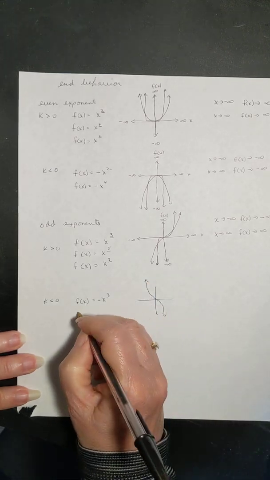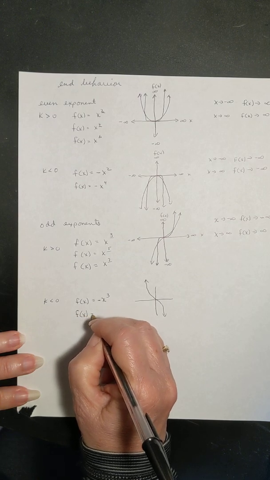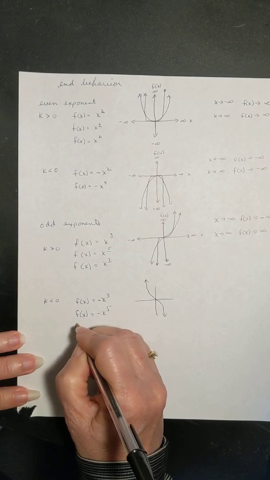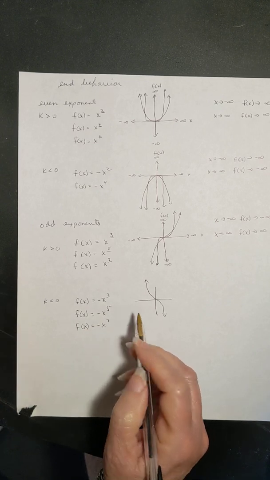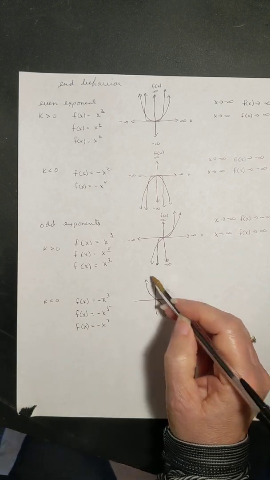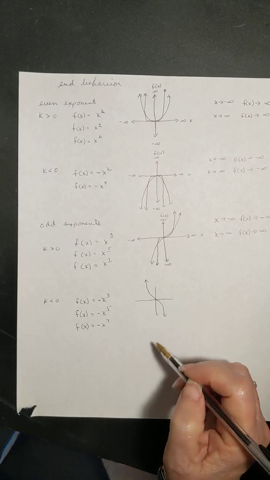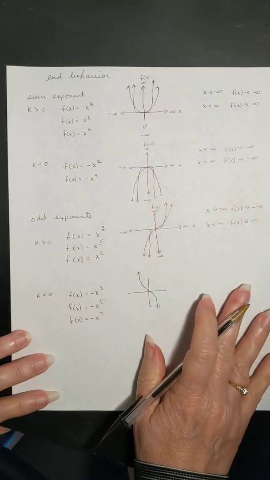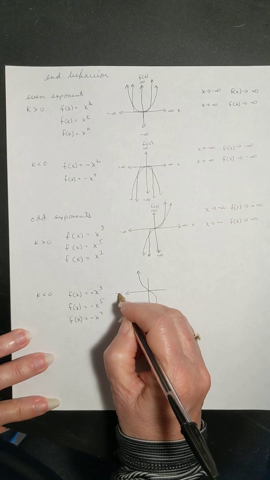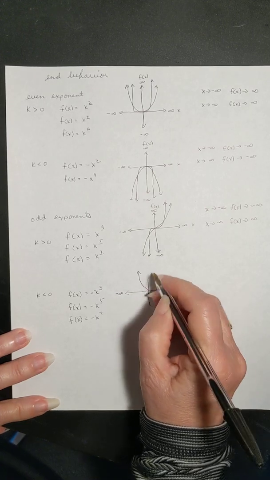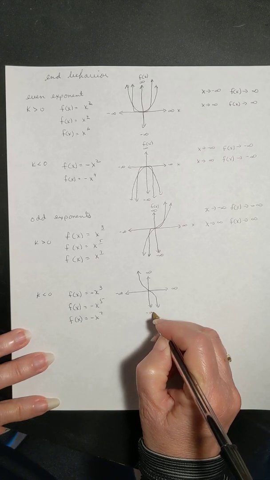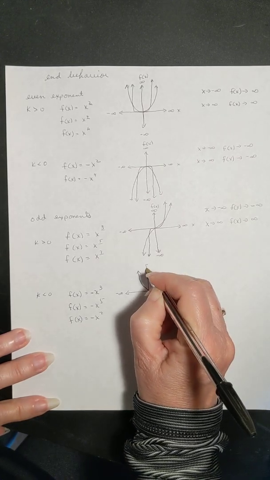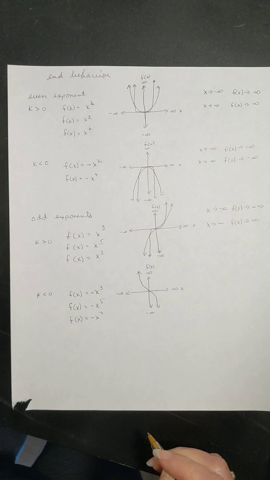And again, if I have negative x to the 5th and negative x to the 7th, or any odd exponent, I know that it's going to be flipped over, so it's going to be going down all the time. And so on this one, again, here's negative infinity, here's infinity, here's infinity, here's negative infinity. This one's for x, and this is for the y, or the f of x.